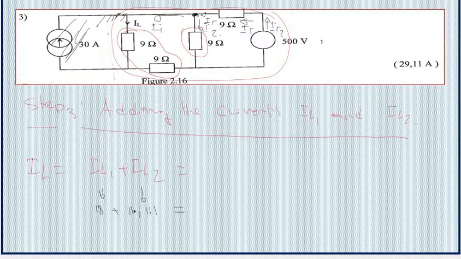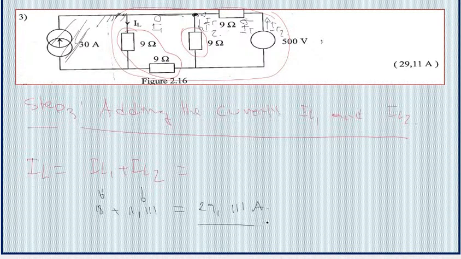If we add these two currents, we get 29.101 amp. So that is the current IL. It means the line current in the 9 ohm resistor. That's it.